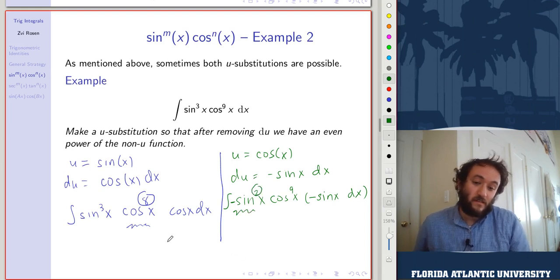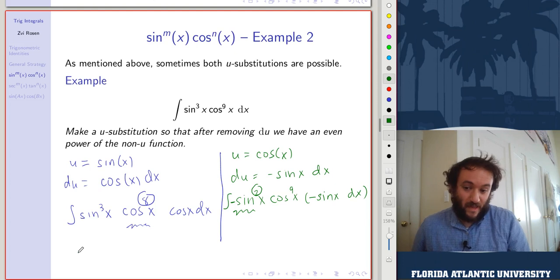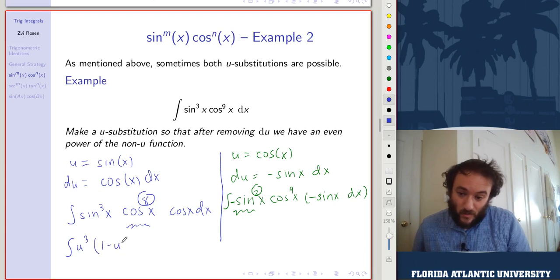Well, which one of these is preferable? As soon as we do the u substitution here, we have u cubed times 1 minus u squared to the 4th du.